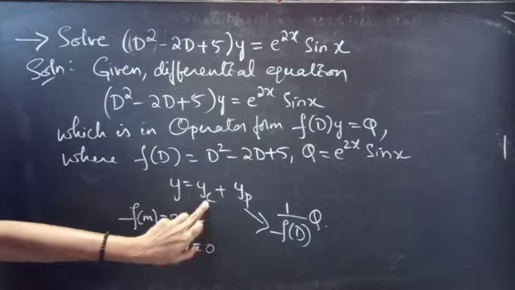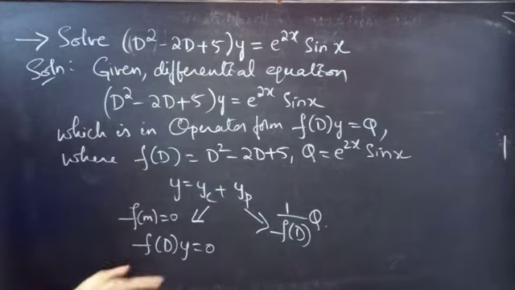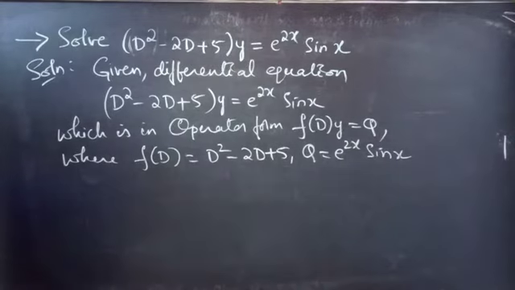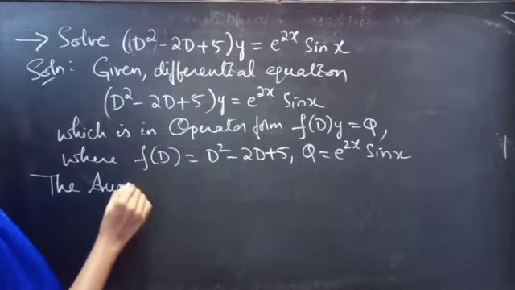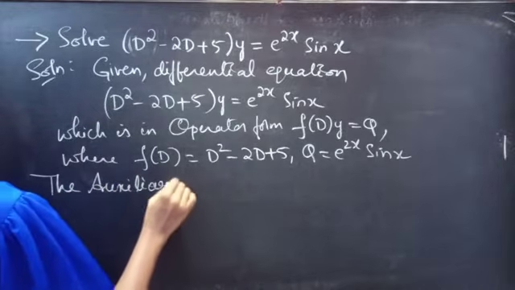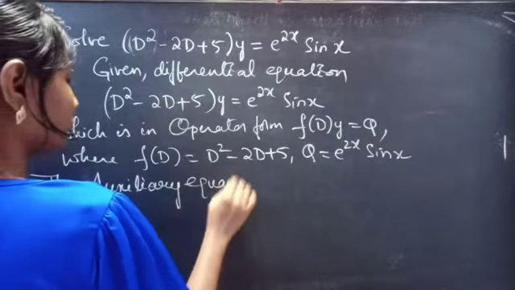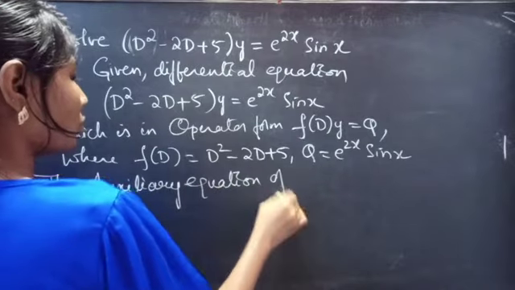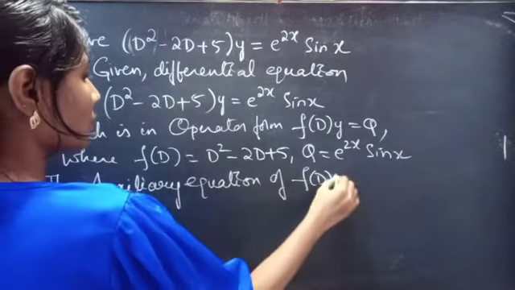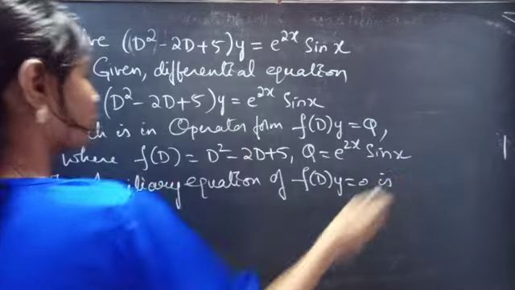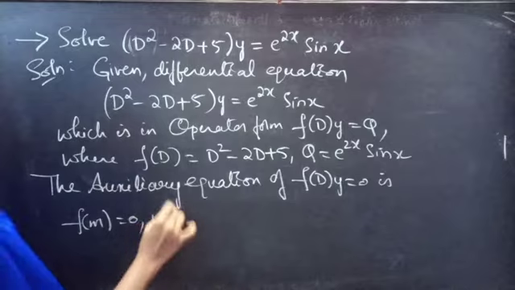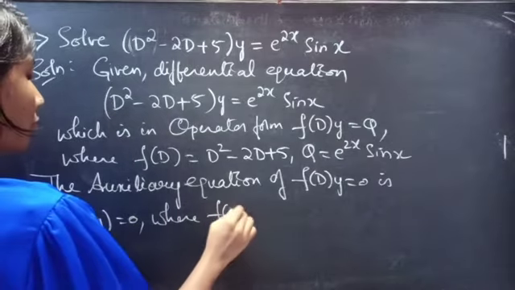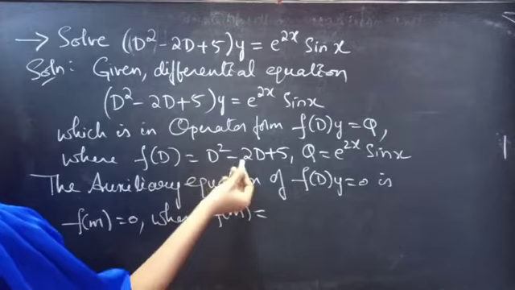Now we are going to find yc using the auxiliary equation of the homogeneous equation of the given non-homogeneous equation. The auxiliary equation of f(D)y = 0 is f(m) = 0, where f(D) = D² − 2D + 5.